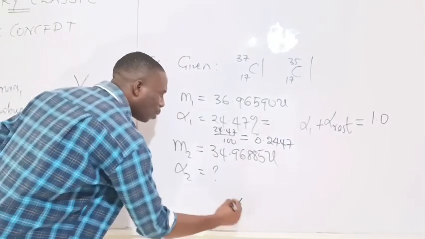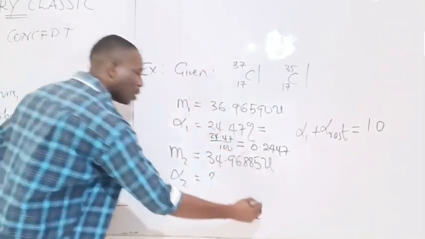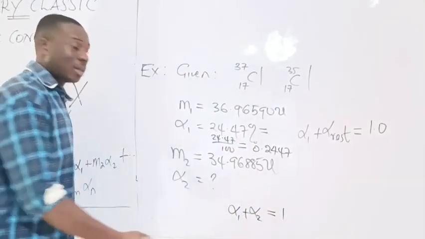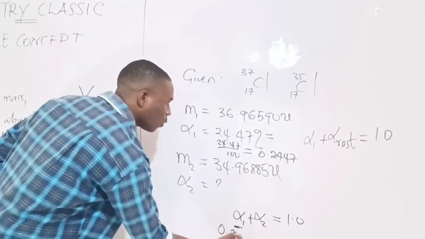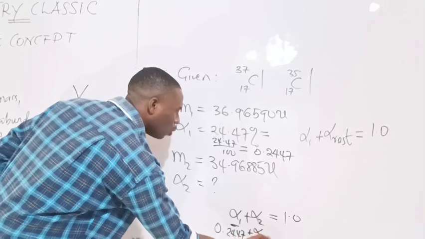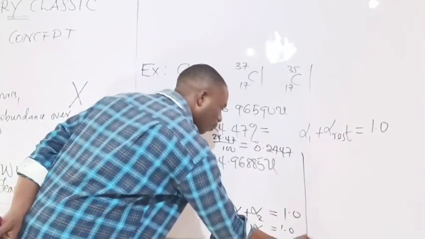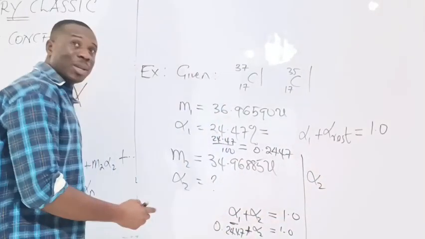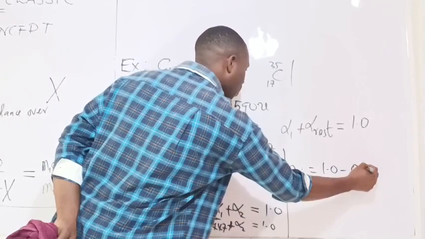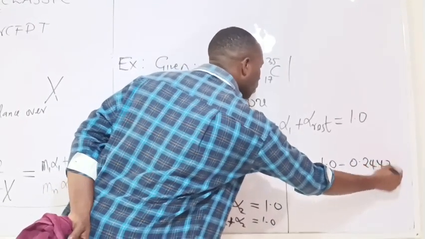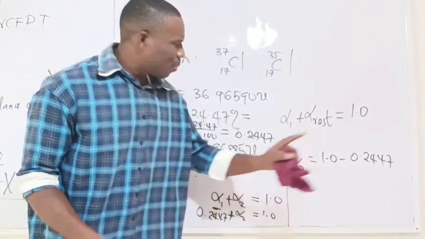So how do I figure this out? Clearly, the abundance of the first plus the rest, since I have just 2 isotopes, must be 1.0 in decimal. So this is 0.2447 plus the one we don't know. So the fractional abundance of the second isotope of chlorine must be 1.0 minus 0.2447.